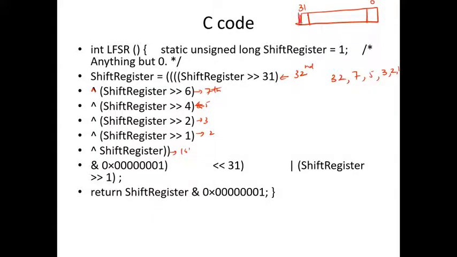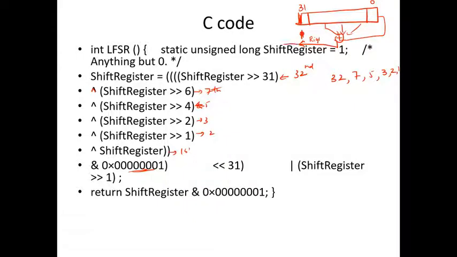Here we have done the XOR operation by taking all these inputs. Whatever output we are getting, that bit we are considering. I want a single bit, that's why I do an AND operation. I just want the single bit which is now in the rightmost position. If that single bit is a 0, the result of the AND operation would be a 0. If the output of the XOR was a 1, the result after the AND operation would be a 1.